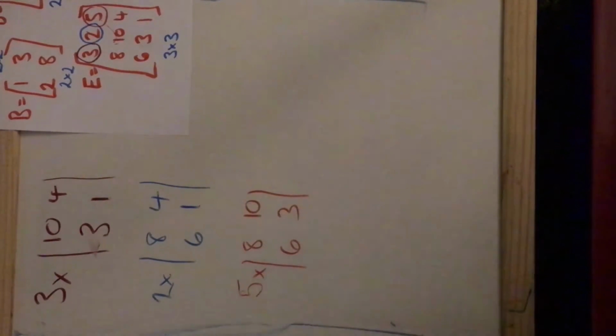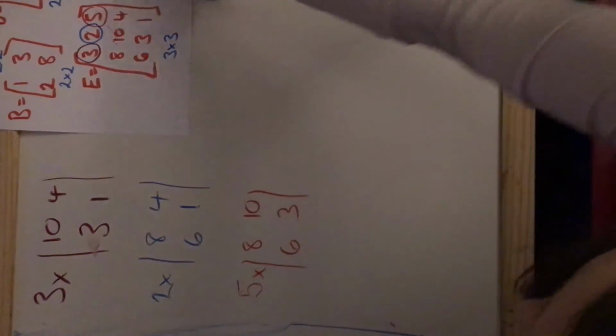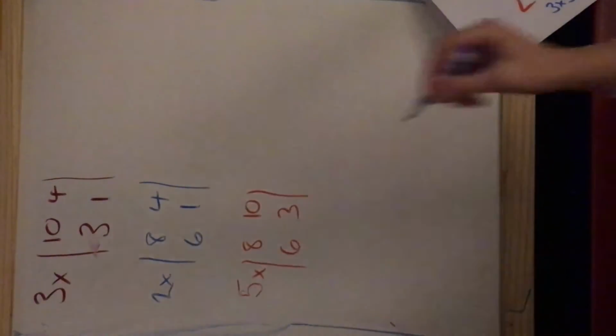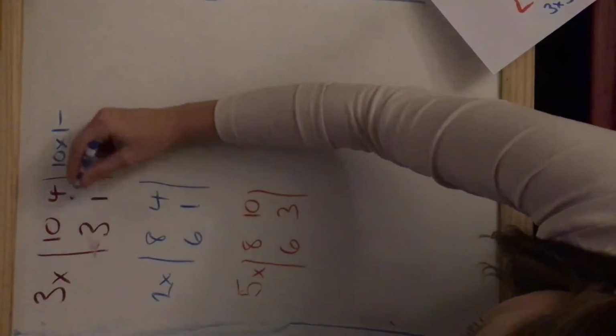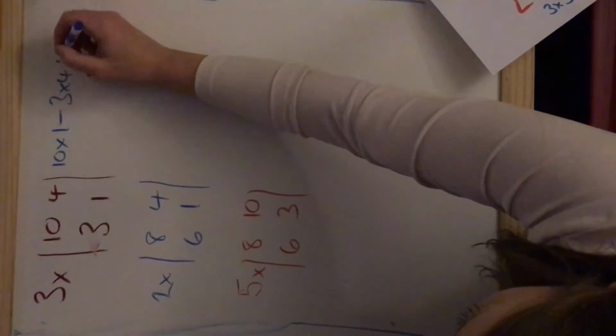What we then have to do, as I said, is work out the same as we worked out the 2 by 2 determinants. So if we take the 10 and the 1 minus the 3 and 4.